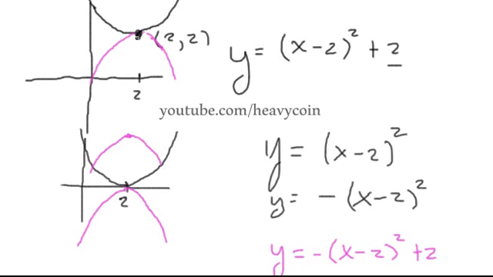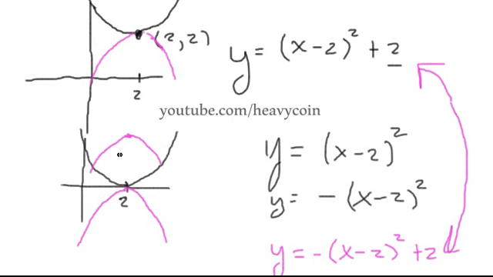So all we did was, these two are virtually the same in a sense, except the only difference is there's a negative. We threw a negative out in front of this piece right here.